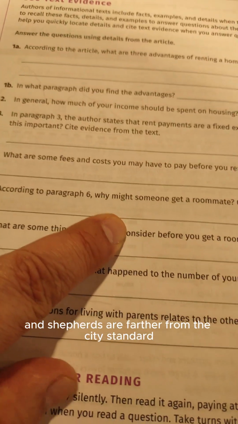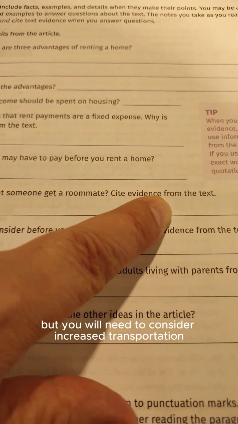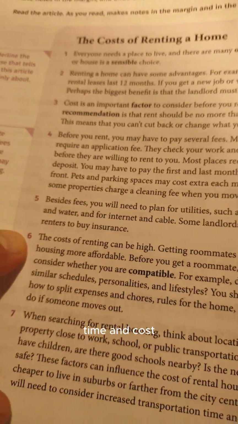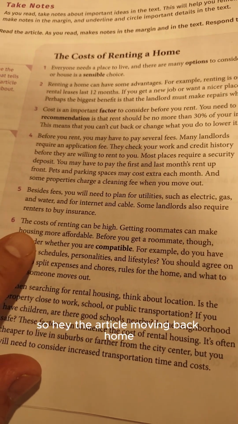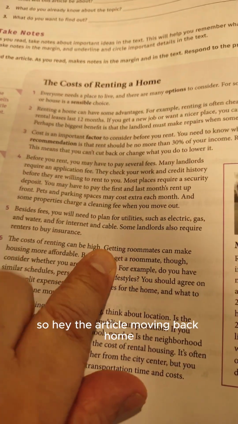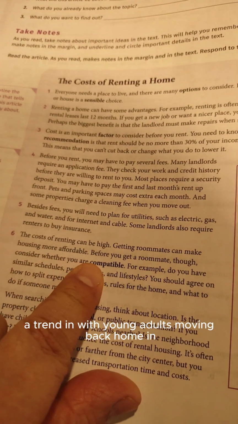According to paragraph 6, why might someone get a roommate? Cite evidence from the text. So paragraph 6 over here. Getting a roommate can make housing more affordable.